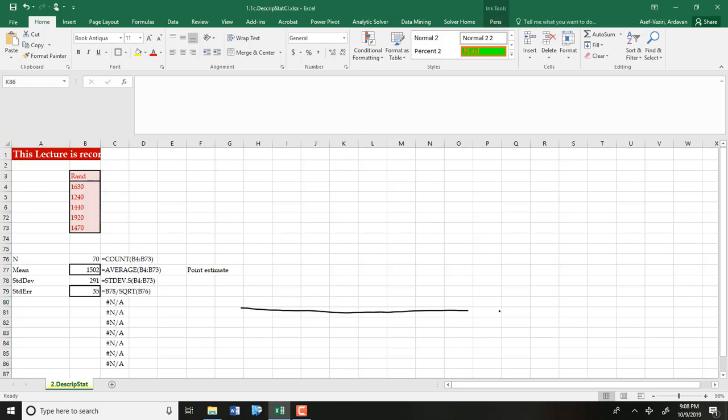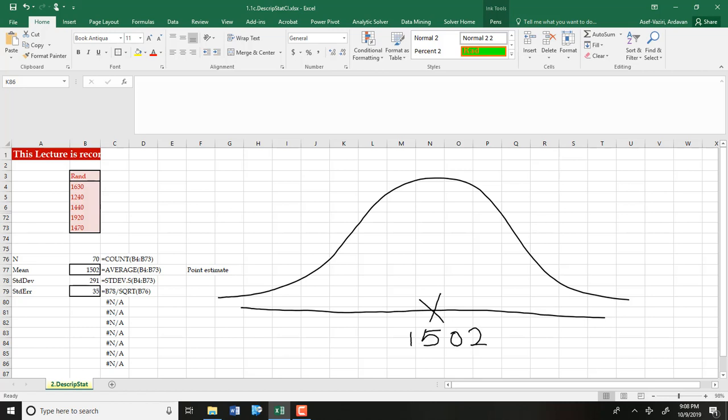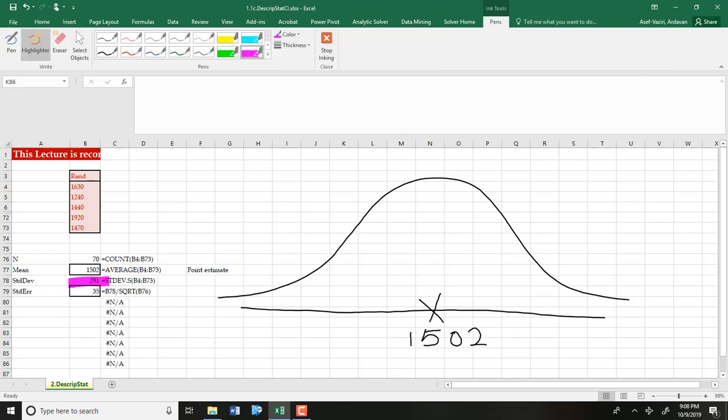These numbers are telling me that a project on average in this company takes 1502 hours with a standard deviation of not 291 but 35. So I should write here 35 as standard deviation of the average.